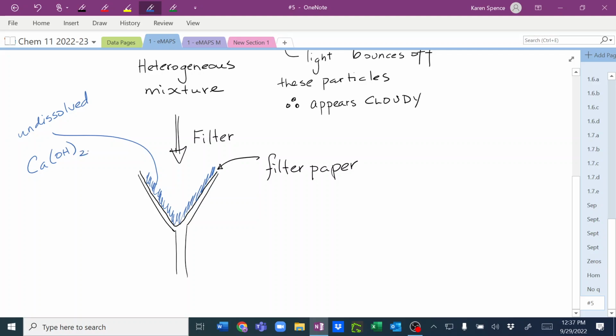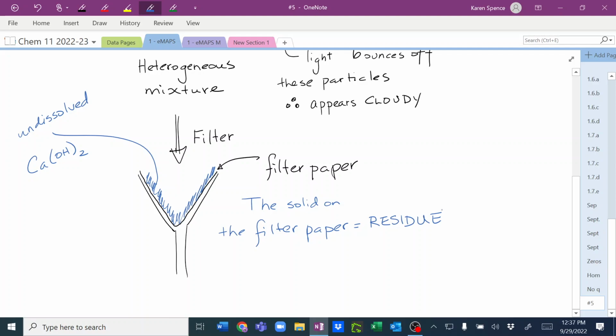The solid stuff that's on the filter paper is called the residue, okay? Because we need to have names for everything, yes?